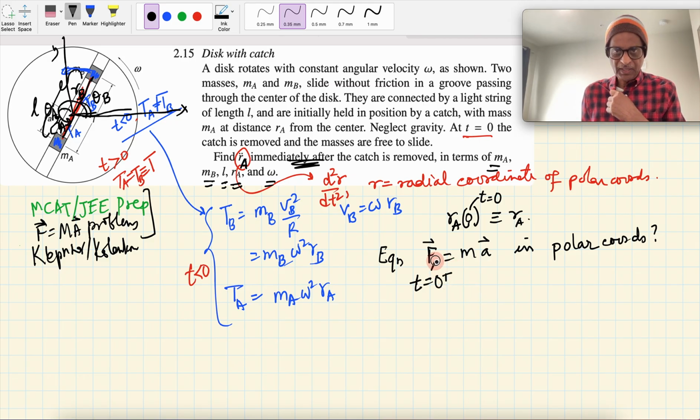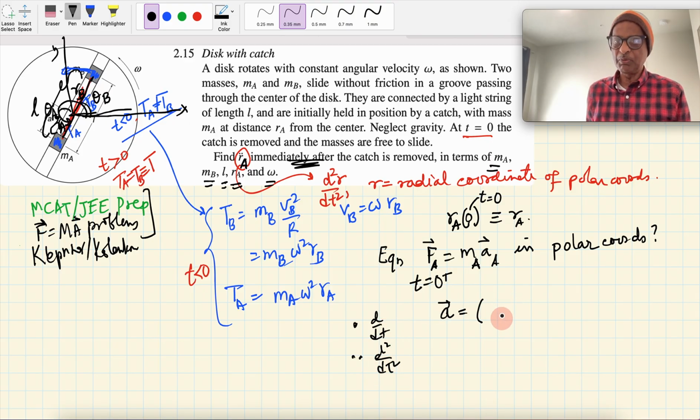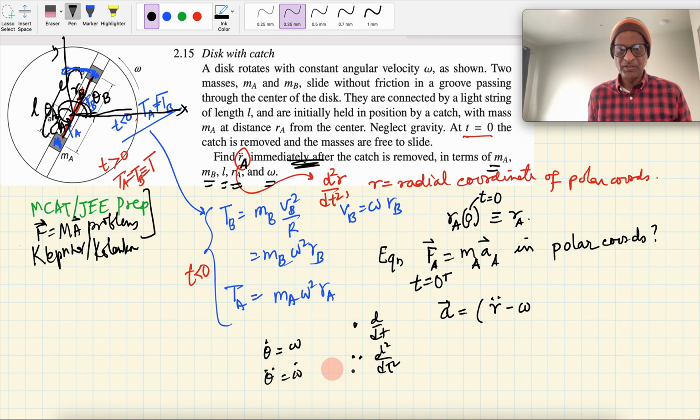So F on A, mass of A. So what's the acceleration in polar coordinates? Let's use a dot for d/dt and a double dot for d squared/dt squared. This is going to simplify a lot of writing. So it's r double dot minus r theta dot squared, where theta dot is omega, and theta double dot will be just omega dot.